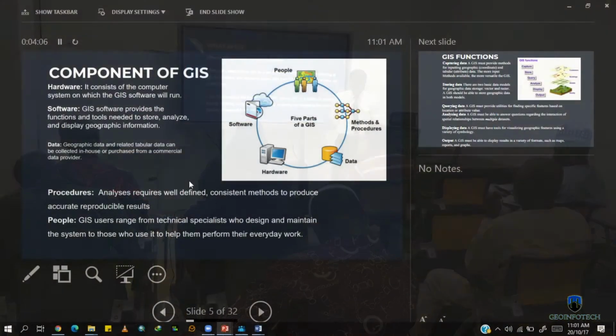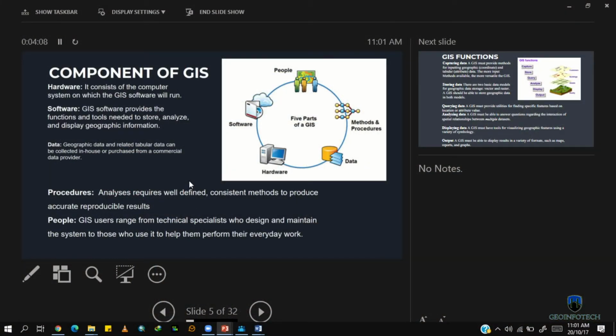Like I was saying before, we talked about the five components of GIS. They are very, very essential. One of them is hardware. The hardware comprises every instrument and equipment that we use in carrying out any GIS project.